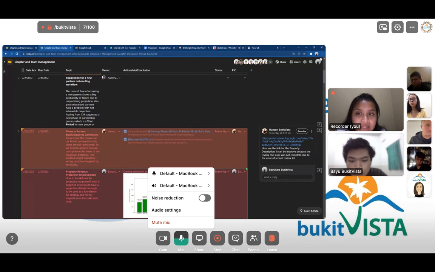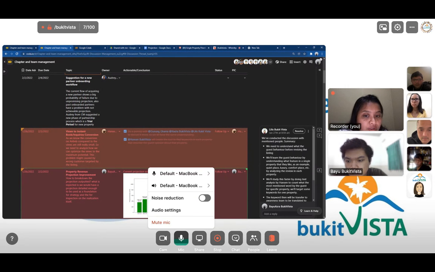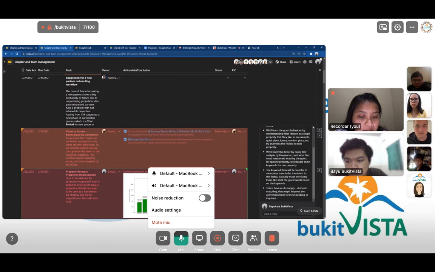Optimization of the SEO basically, and also how to make the appearance look like what the guest wants. So that's the plan, and it's already done for the Google Colabs and the tools basically. And the next action is to deliver to the marketing team for the adoption. That's I think what Hansen would like to say.